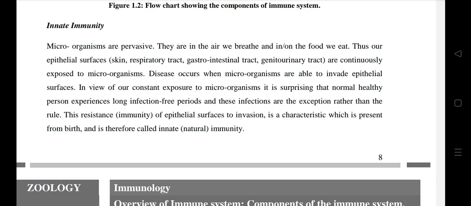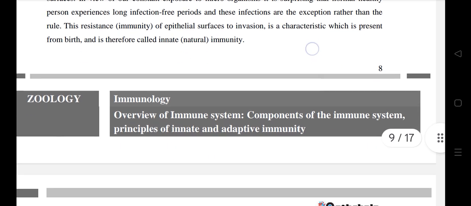In view of our constant exposure to microorganisms, it is surprising that a normal healthy person experiences long infection-free periods, and these infections are the exception rather than the rule. This resistance or immunity of epithelial surfaces to invasion is a characteristic which is present from birth and is therefore called innate or natural immunity.